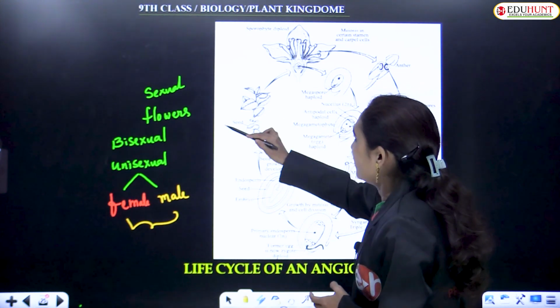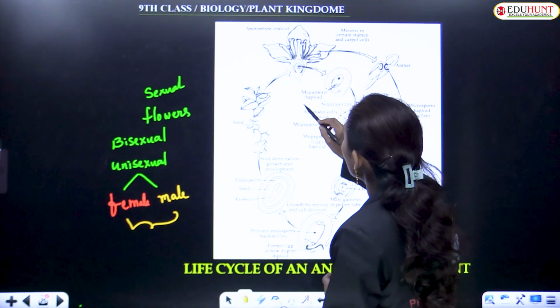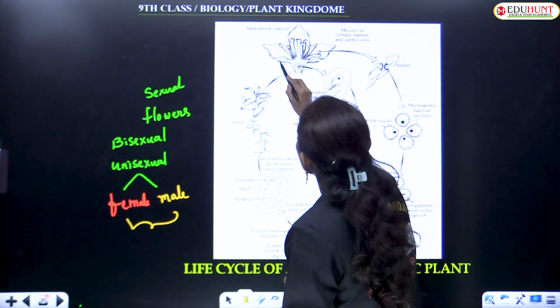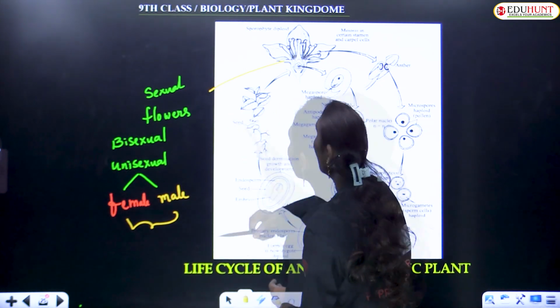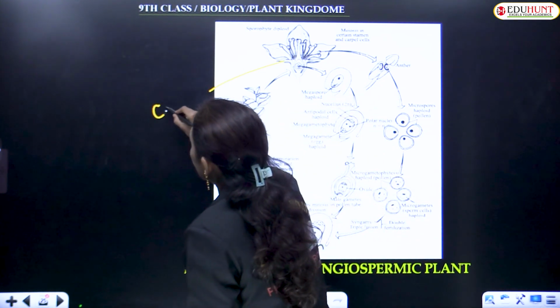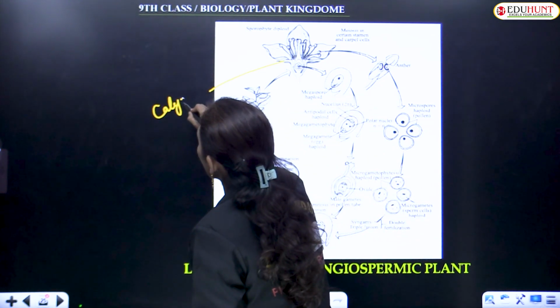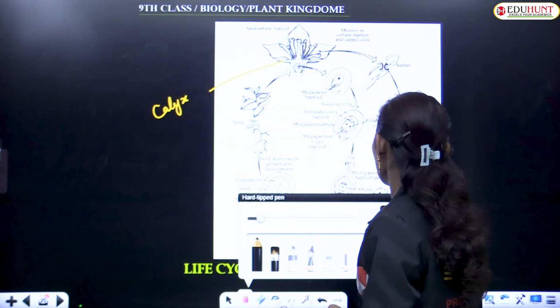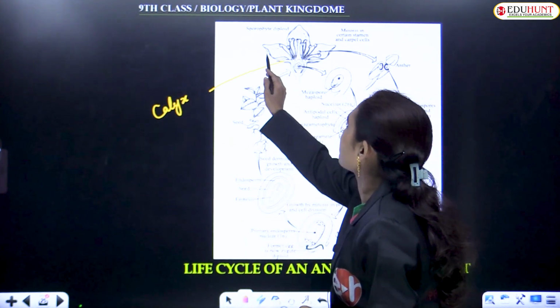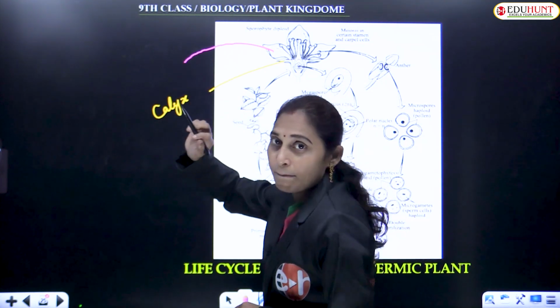Anyway, if you see this flower, this is the outermost part. This is calyx, and the colorful parts are sepals.